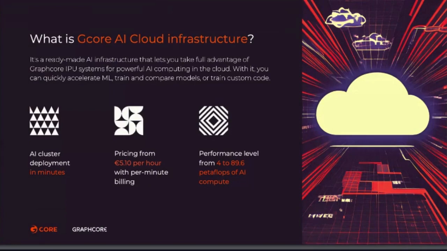It's a fully available AI cluster, which will be allocated and dedicated for your needs, and the new cluster deployment will take minutes. So you don't need to wait for the hardware to come to the data center, or for your engineers to install the operating system and configure the network. All of it is covered by the cloud, and you will have a fully available, ready-to-use AI cluster to train your ML models in a few minutes.